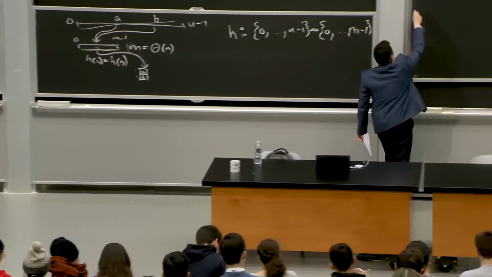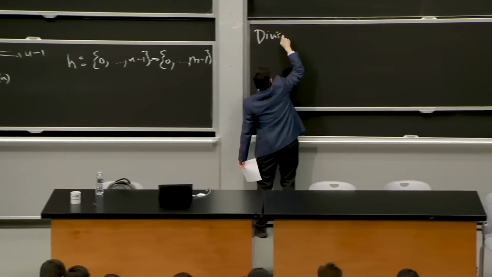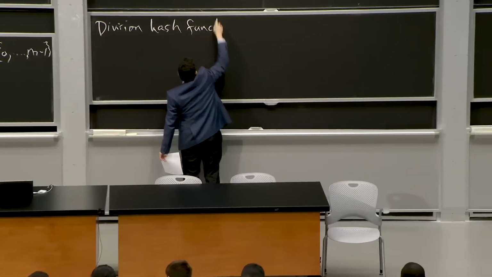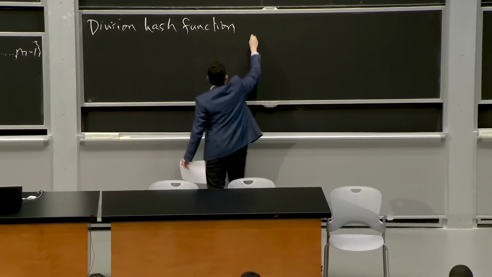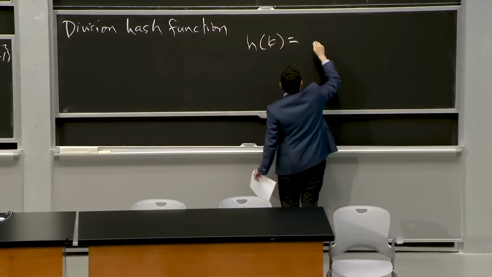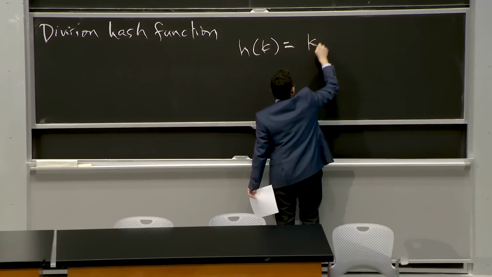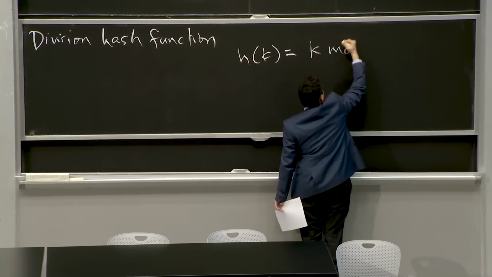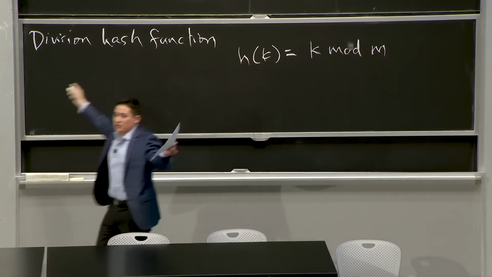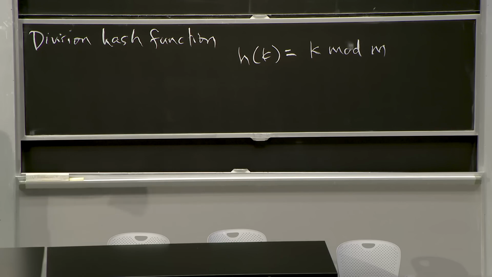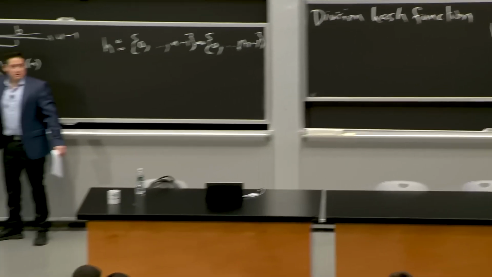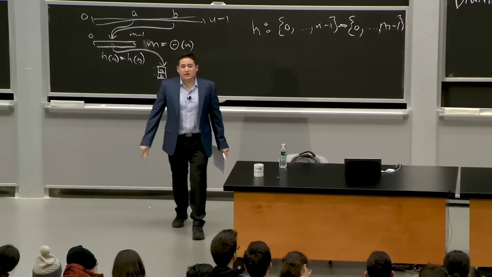OK? And what the function is essentially, it's going to take a key and set it equal to k mod M. I'm going to take something of a large space and mod it so that it just wraps around. Perfectly valid thing to do.